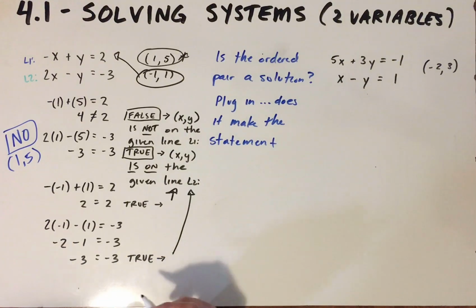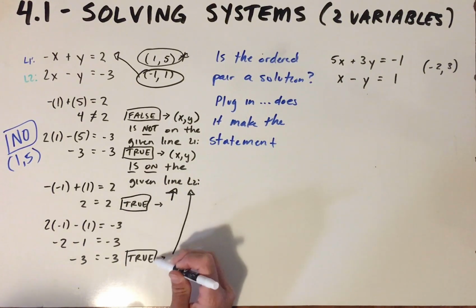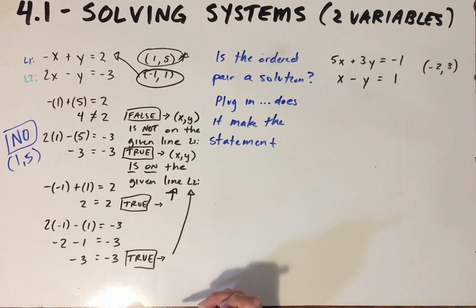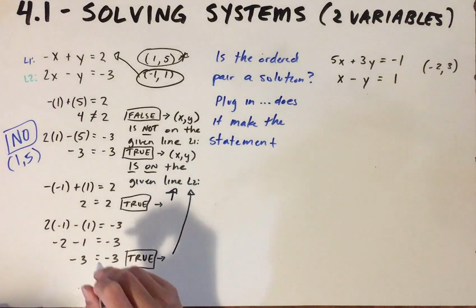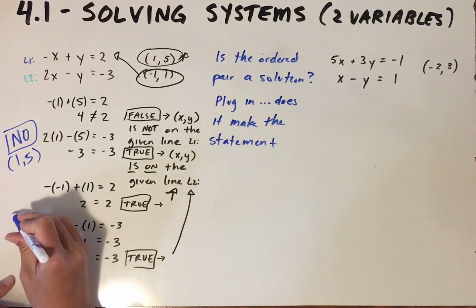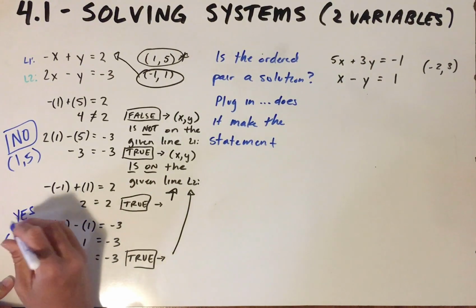Well, the only way that both of these can be true, because they're different lines, but they both came up with a true result, is that this point is on both lines. So yes, it is a solution. So yes, the ordered pair negative 1, 1 is a solution.